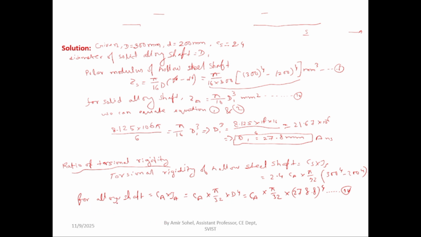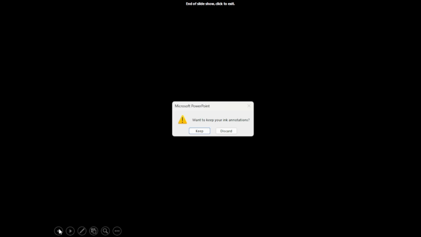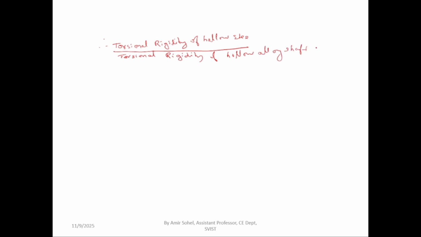Now the ratio. If we find the ratio, that will be the torsional rigidity of the hollow steel shaft and the torsional rigidity of the alloy shaft. What will be the value from equation number 3 and 4?